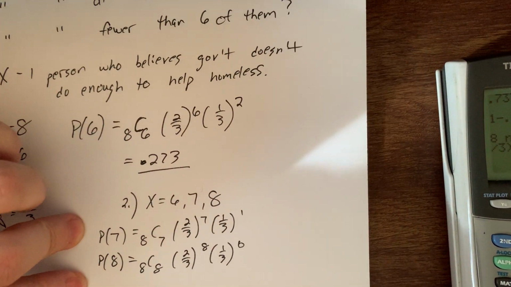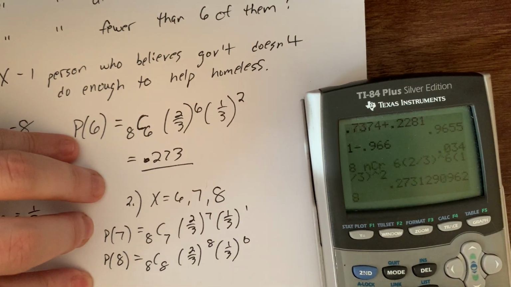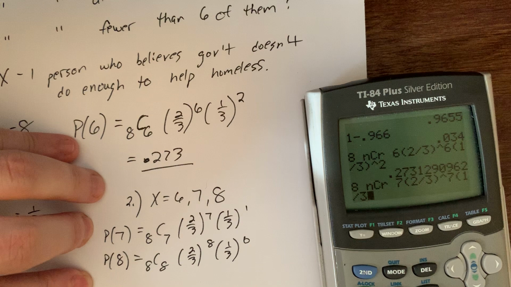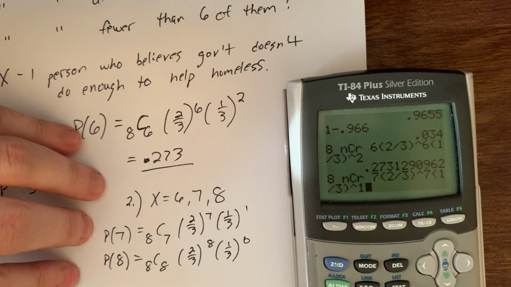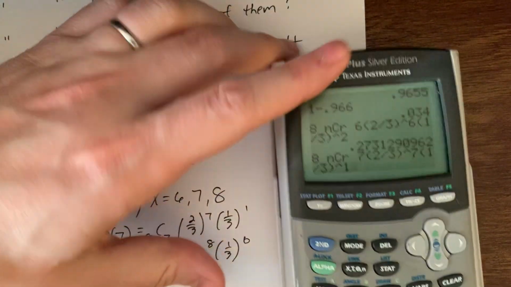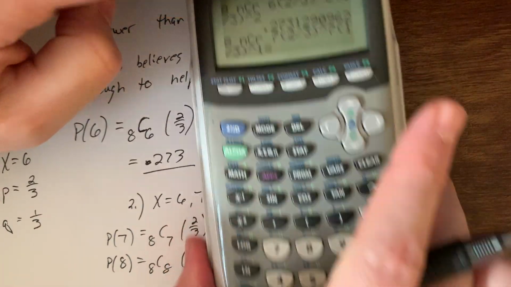So now I'll get each of these. Again, there are little shortcuts that some people know. Some people, they really like to take advantage of the second enter button to go back, so that way they don't have to retype everything.